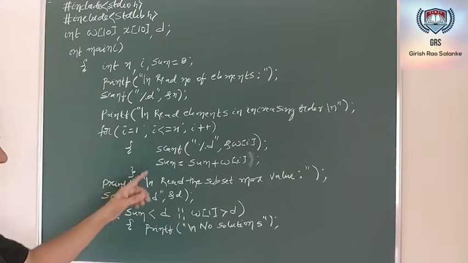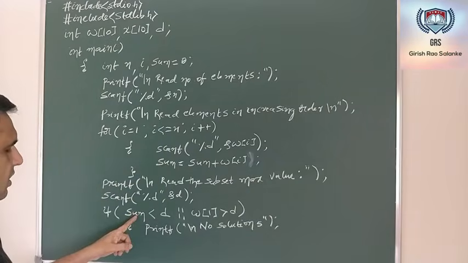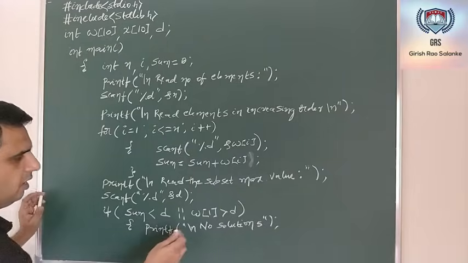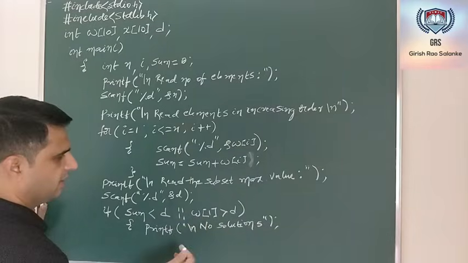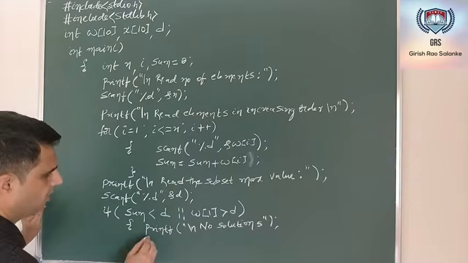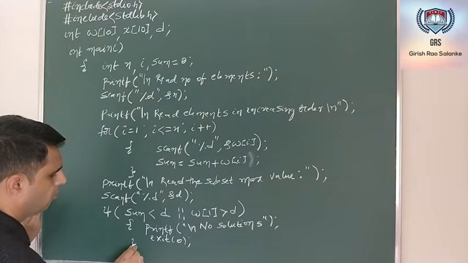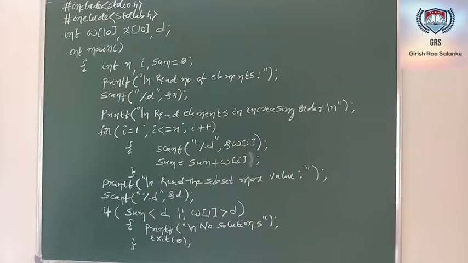Let me check once again. If the summation of all the values is less than d, then I can't get the subsets. Or if the first element itself is greater than d, I can't get the subset. I close this. If not, I will call the function.